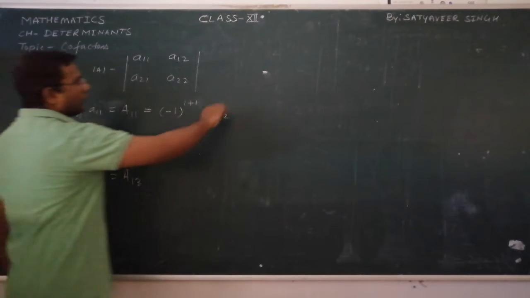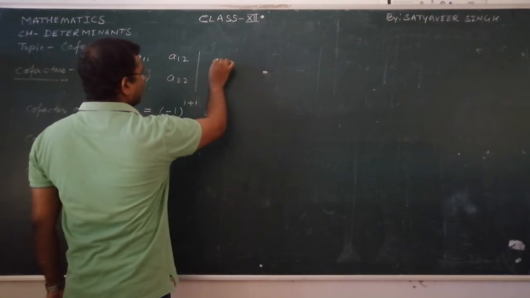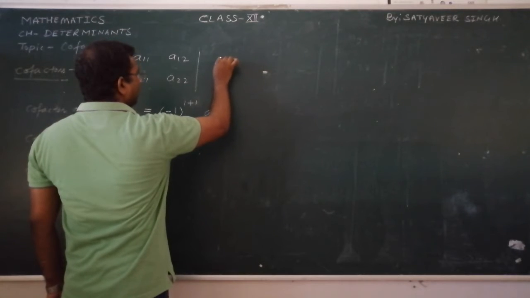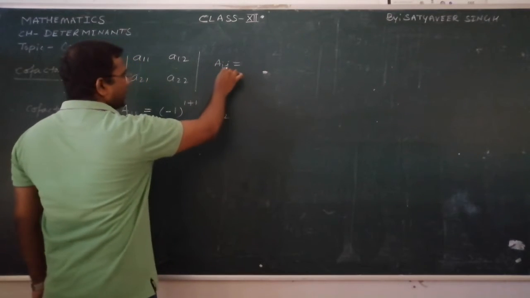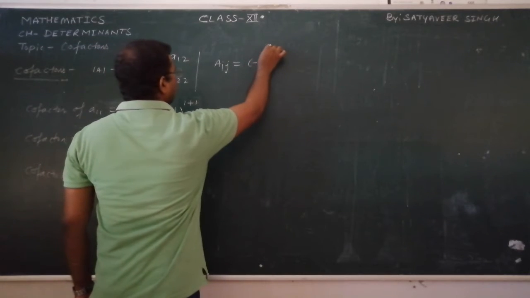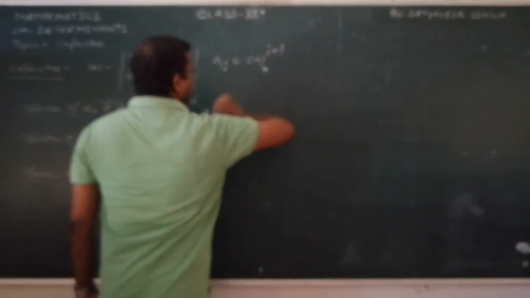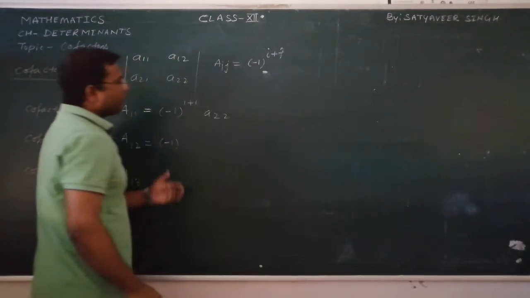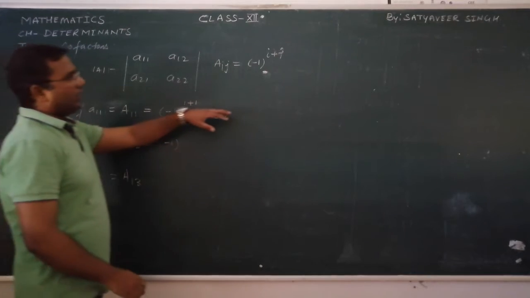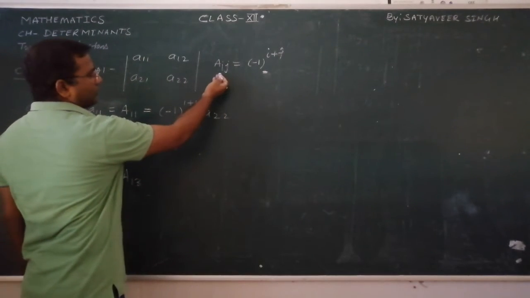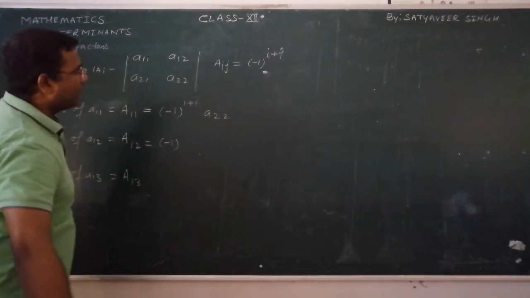So the general formula we can say: if you want to calculate Aij, it is equal to minus 1 raised to i plus j, and the determinant of the remaining element I should put here. So that depends on which cofactor you are finding.